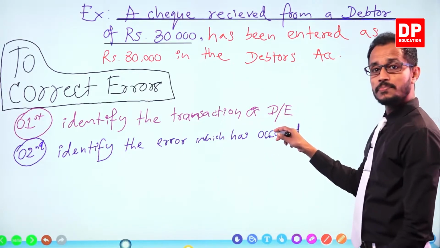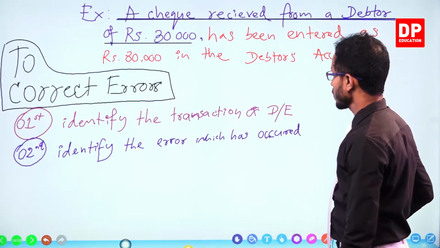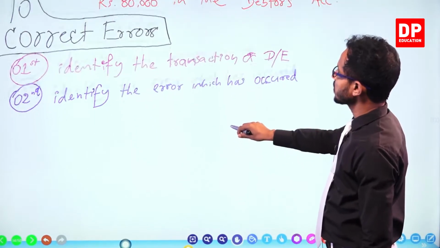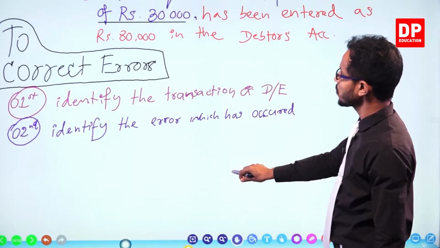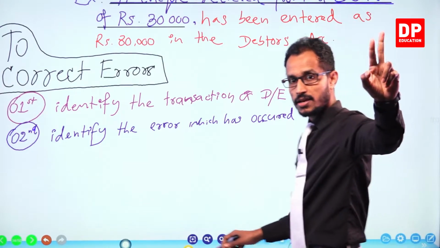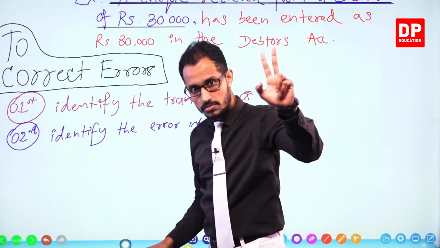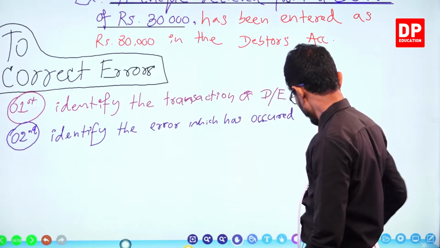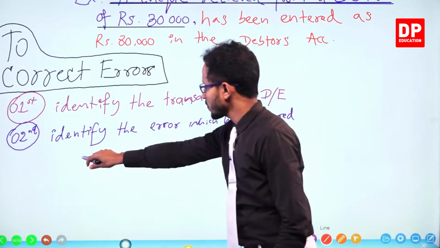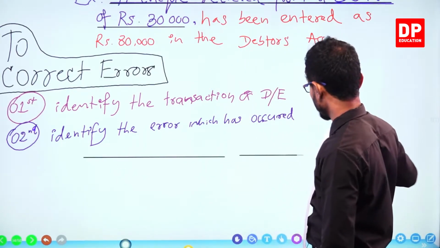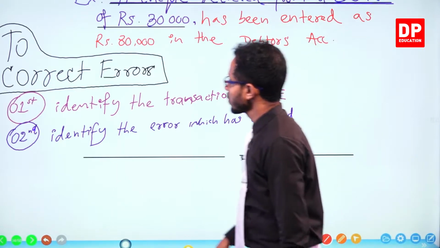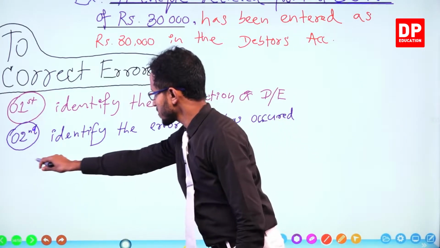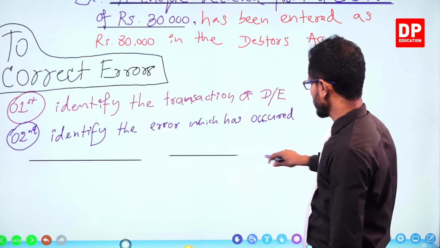Now the double entry. What is the double entry? I'll show you the double entry in the relevant accounts. This is the double entry now. First entry here for the first account, and this is the second account.